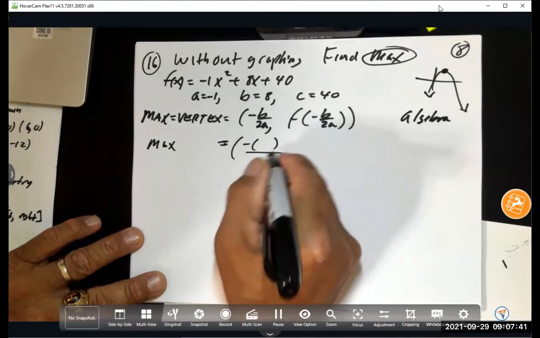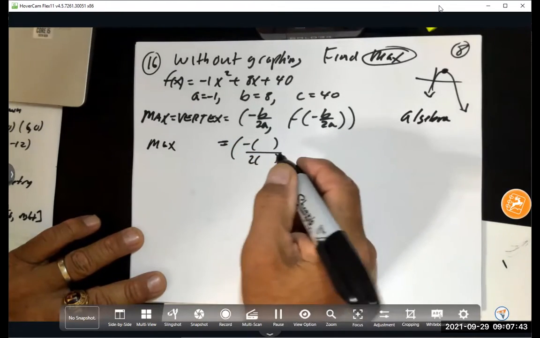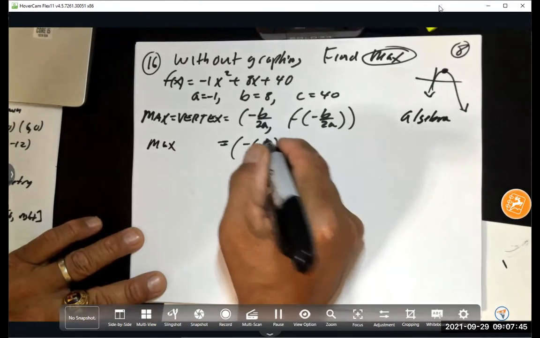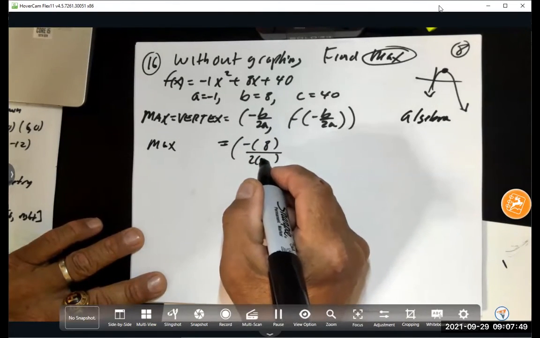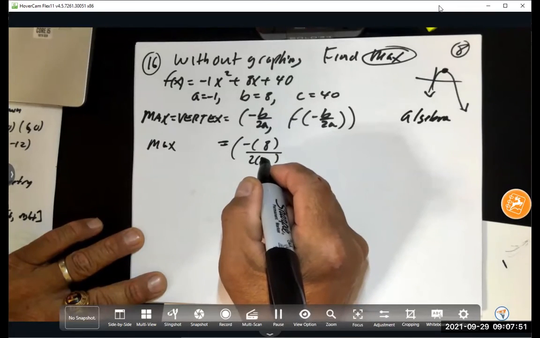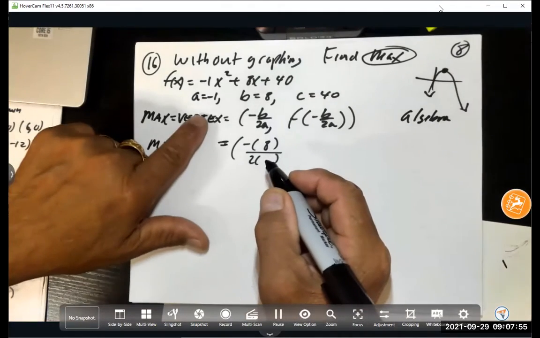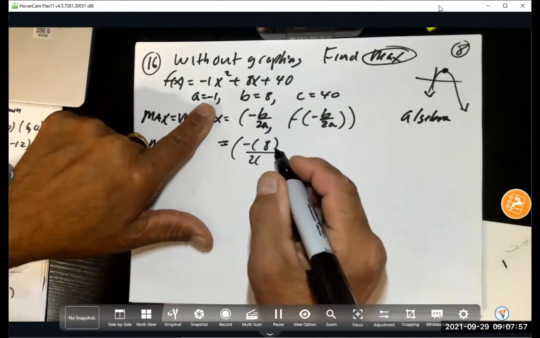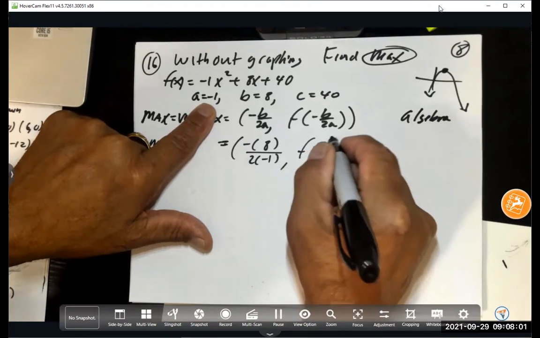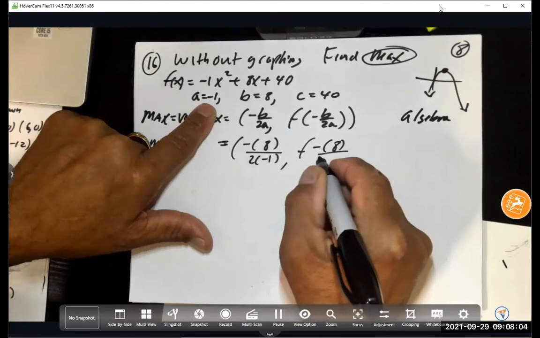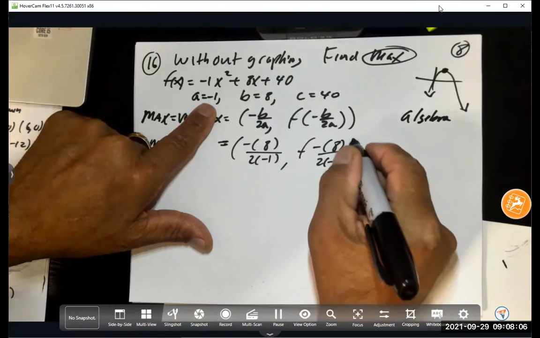Somebody tell me. 8. All right. And what is letter A? What's A? -1. All right. So f of negative 8 over 2 times -1. There they are in the numbers.